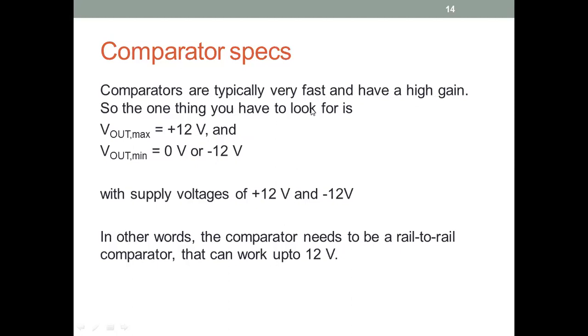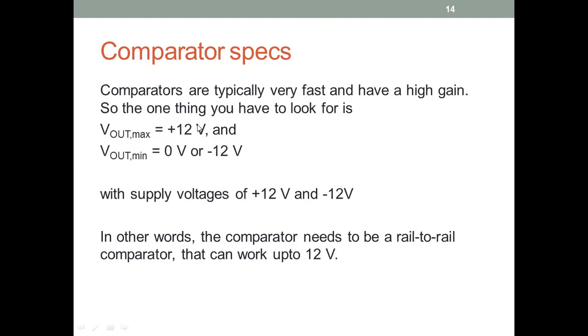The only thing you have to look for is that it works up to plus 12 volts, because a large number of comparators are designed for voltages much lower. They work up to 3 volts or 5 volts and so on. Now this specific application requires 12 volts.